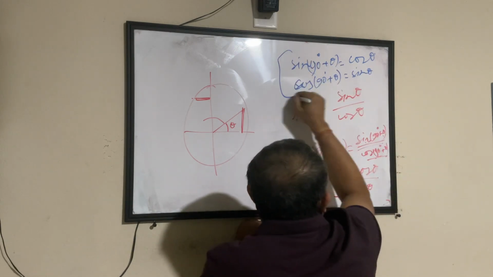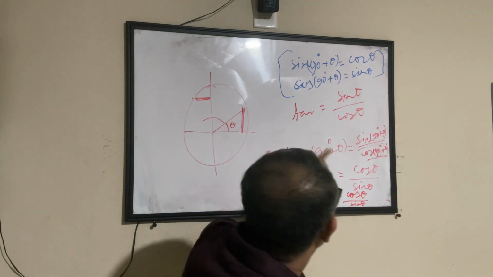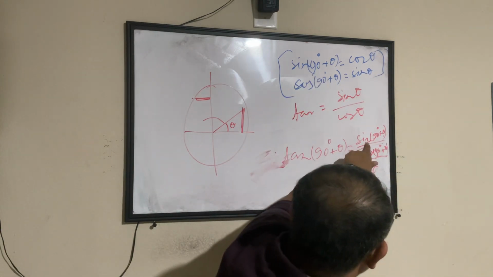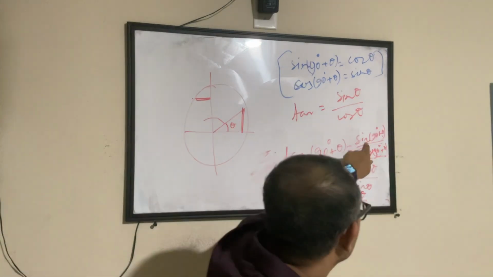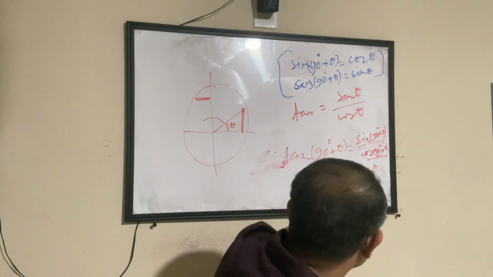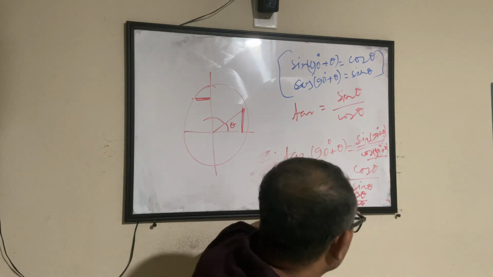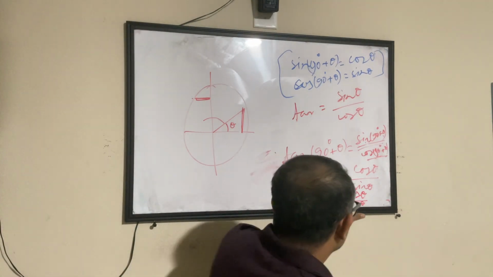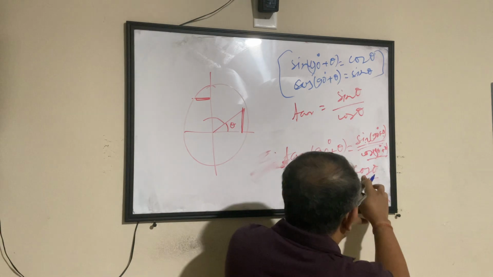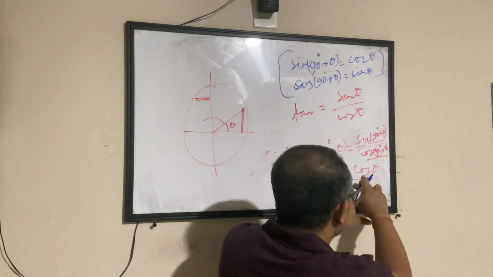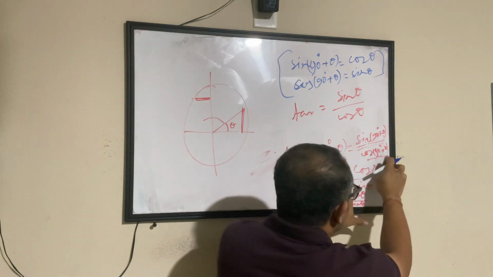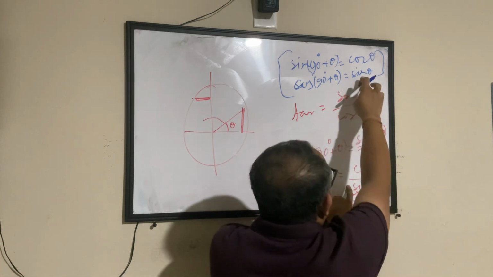This is the absolute value. We have not looked at the sign part yet. So sine 90 plus theta, I can say is equal to cos of theta, and cos 90 plus theta equals sine theta in absolute terms.